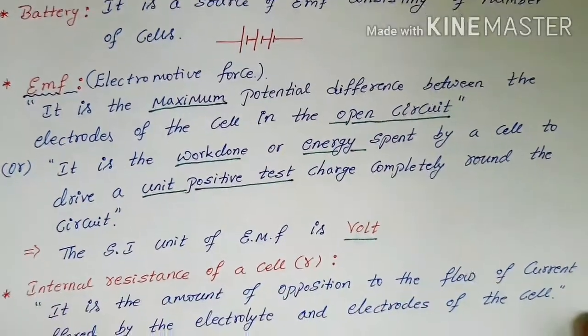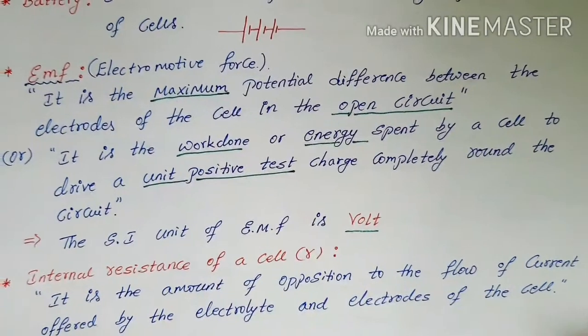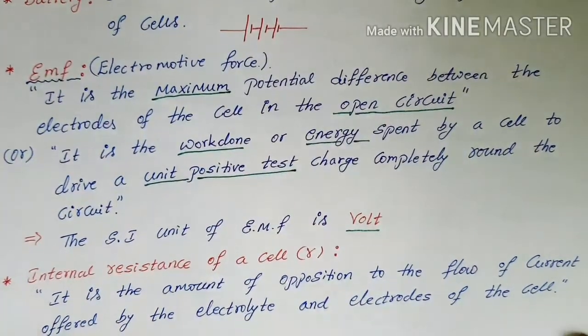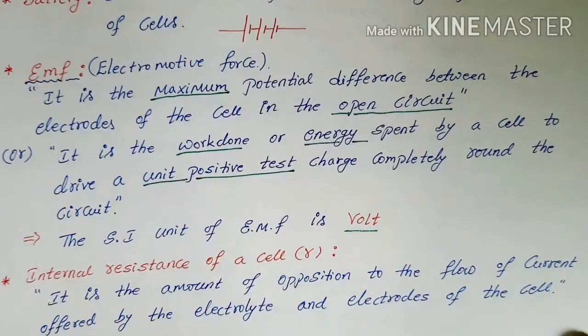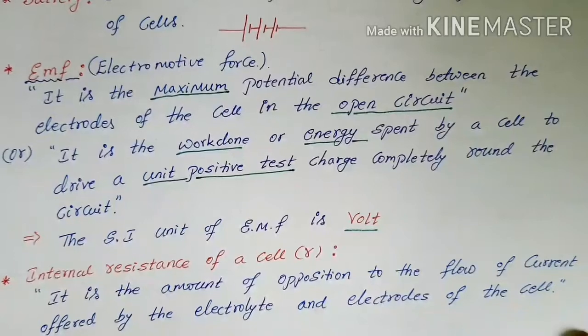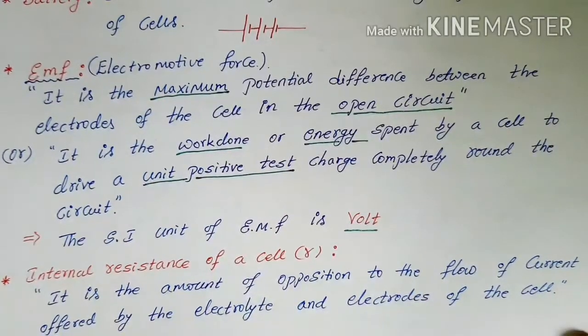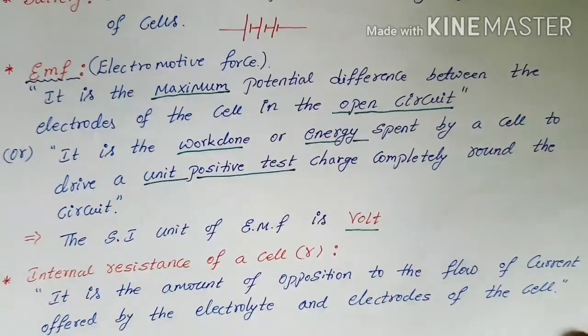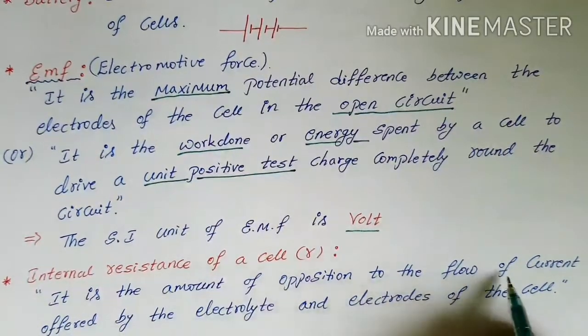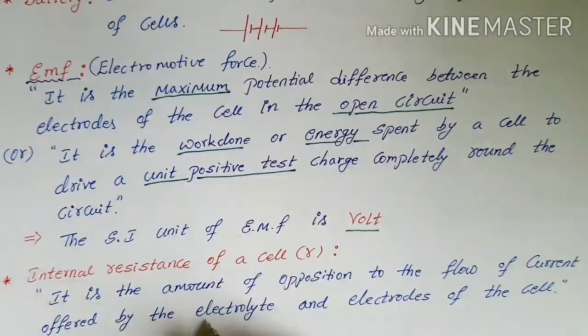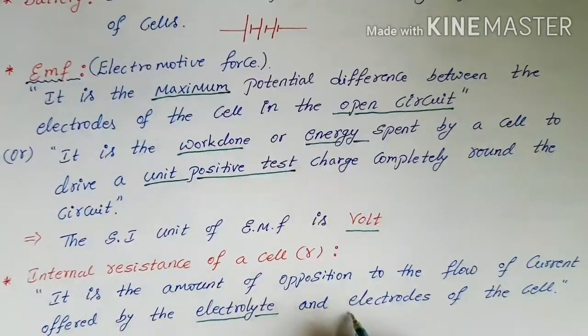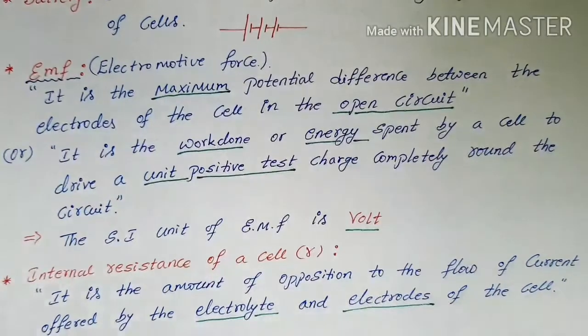Now the next one is about the internal resistance of a cell. A cell itself has an internal resistance in it because of the chemical composition of which it is made. Chemical substances, what we call electrolytes, offer opposition to the flow of current. So it is the amount of opposition to the flow of current offered by the electrolyte and electrodes of the cell.